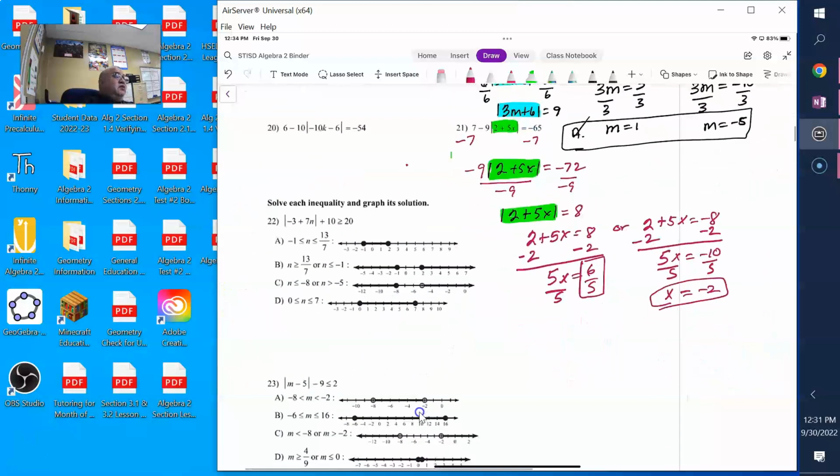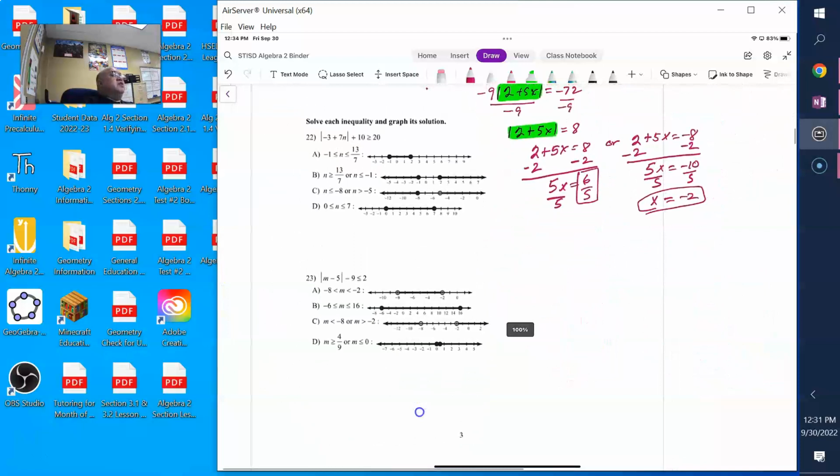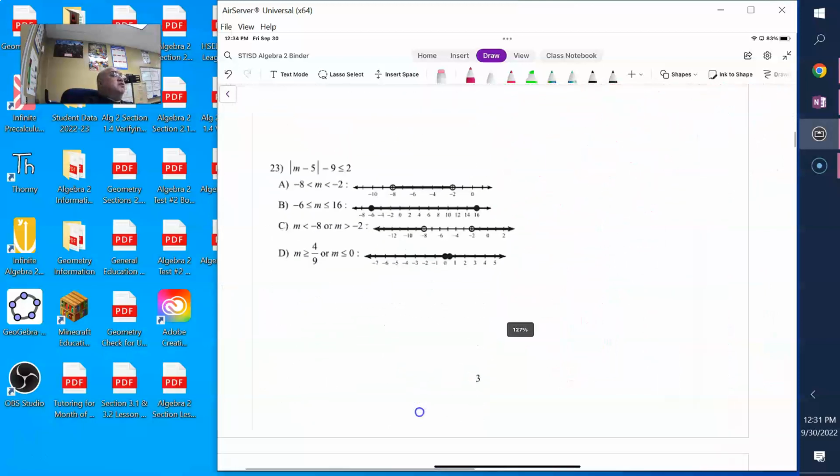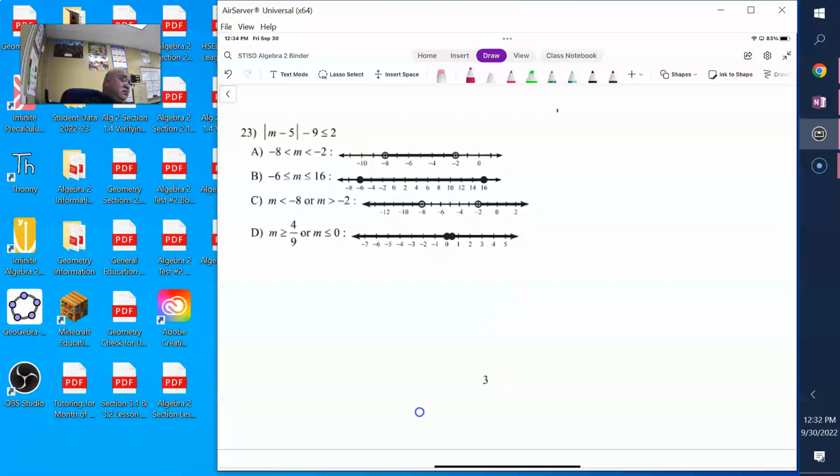Okay. We're going to go to 23. Now you're solving the inequality and graphing the solution. So we have the absolute value of m minus 5 minus 9 less than or equal to 2. Just like we did earlier, you need to have the absolute value by itself.